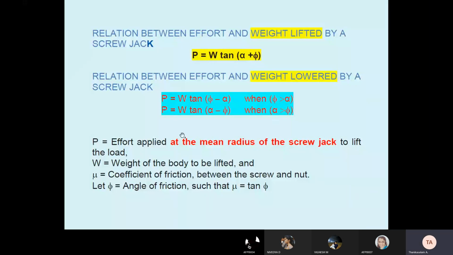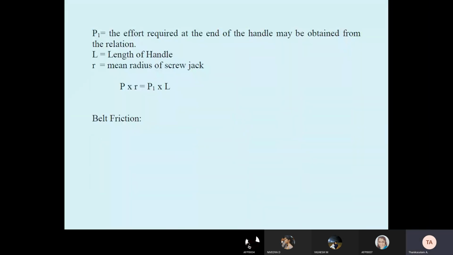For lowering, P equal to W into tan phi minus alpha. Then another formula, P equal to W tan alpha minus phi, for lowering. Suppose you want P1, you have to use this relation: P into r equal to P1 into L.